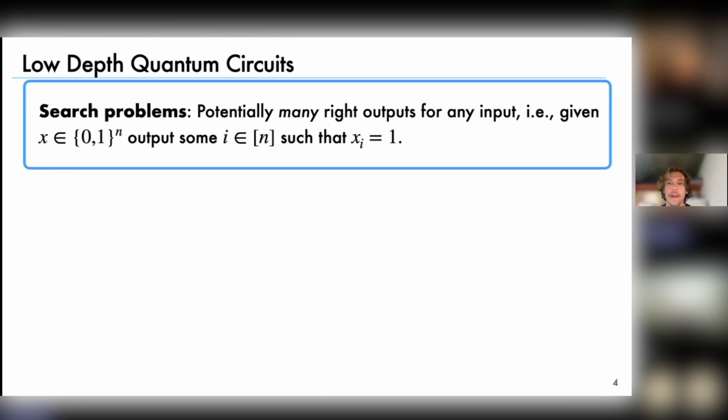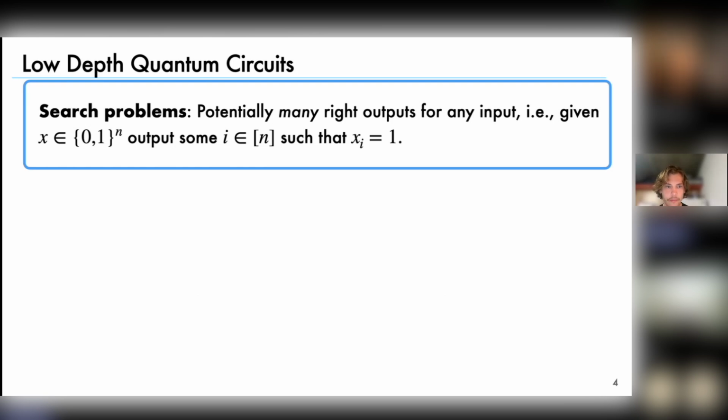On the previous slide, I mentioned the search separation exhibited by Bravyi, Gosset, and König, and later improved by Bene Watts, Kothari, Schaeffer, and Tal. When I say a search problem, it just means that for any fixed input, there are potentially many correct outputs.